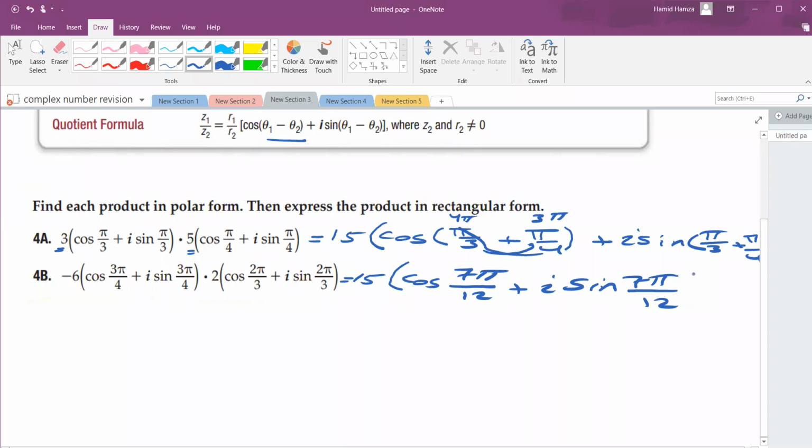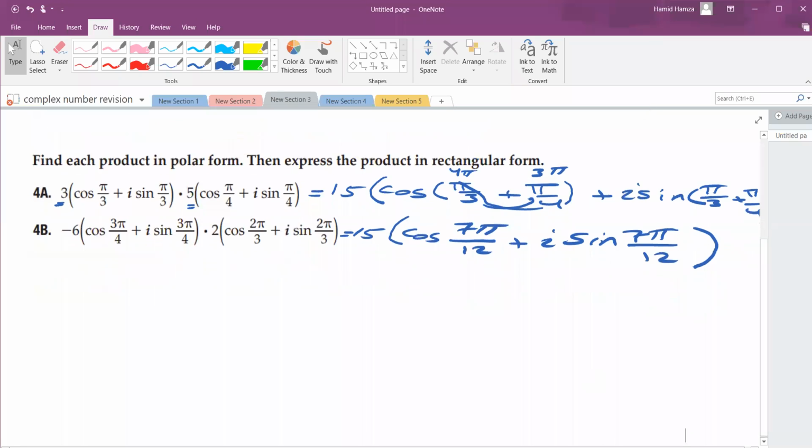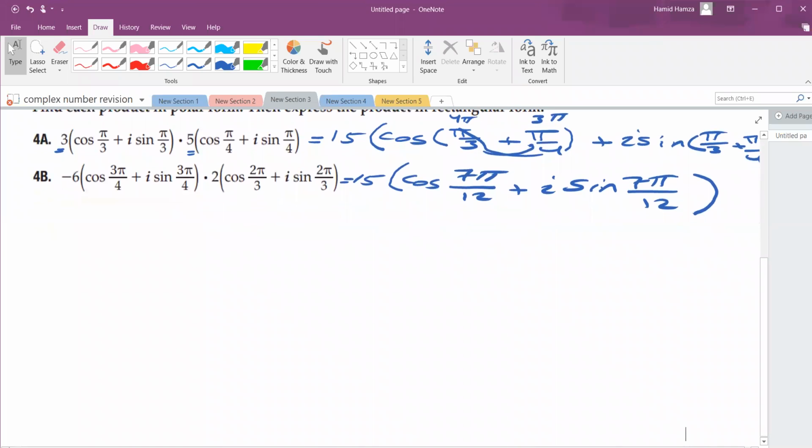So this is the product, guys. Now the second one, we wanted to multiply both of them also.